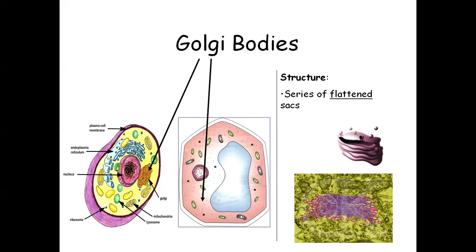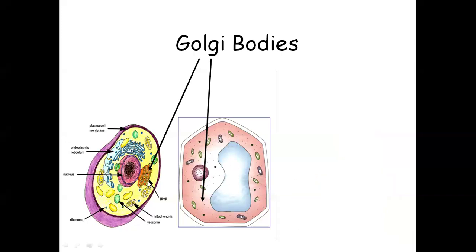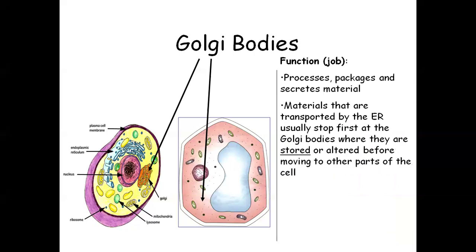And the structure is series of flattened sac-like structure. They are sac-like structure, and the main function is processes, packages, and secretes the material. As I said, it will be secreting the material outside the body. See what it does?